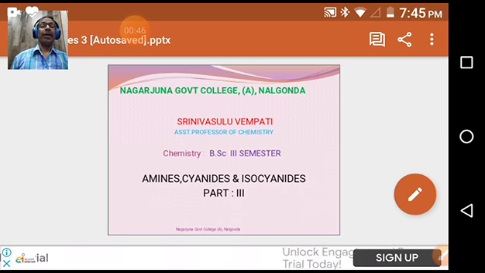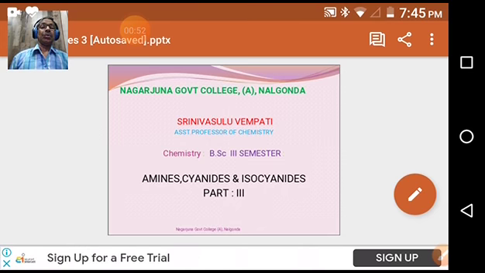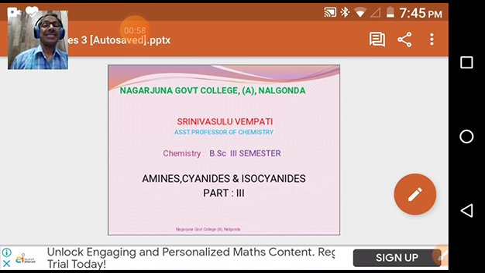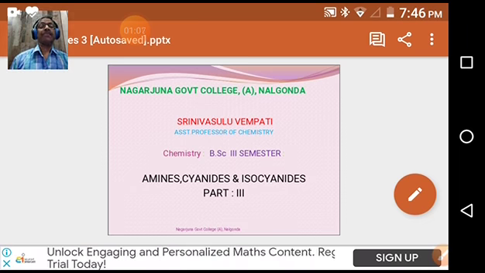Then followed by preparation of amines. So we have discussed different methods to prepare amines. One is ammonolysis of alkyl halides. Second, reduction of amides.